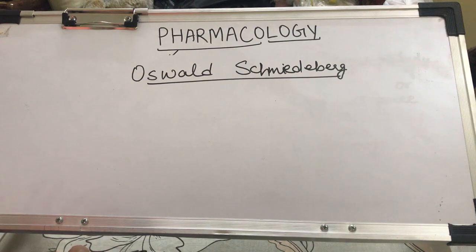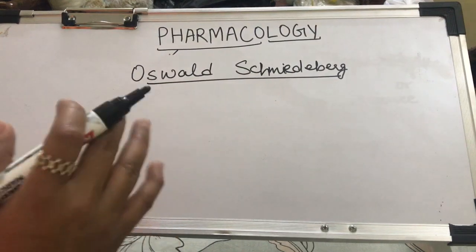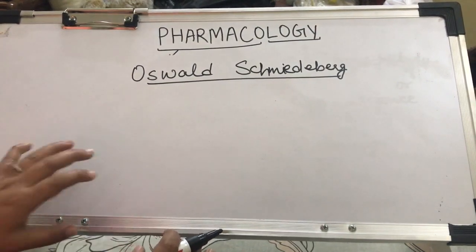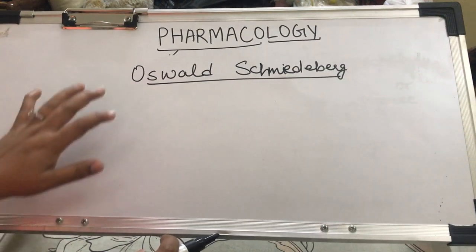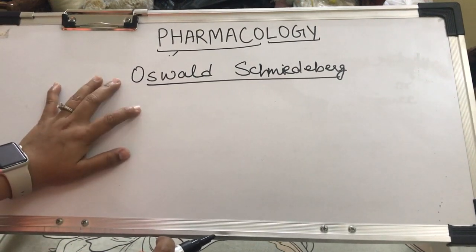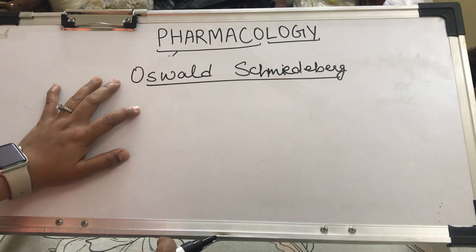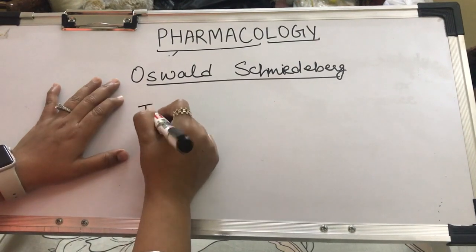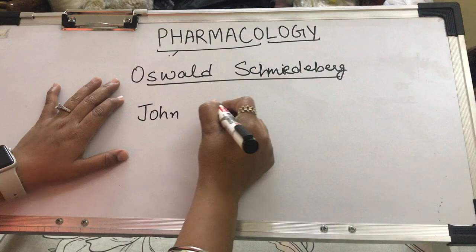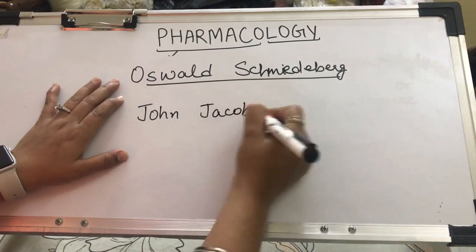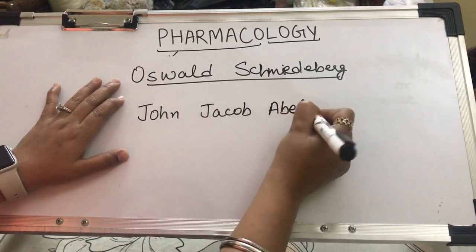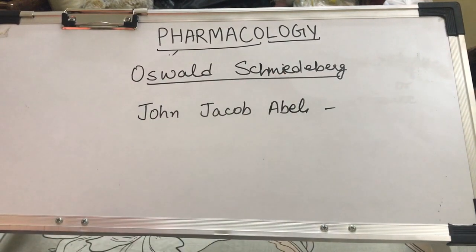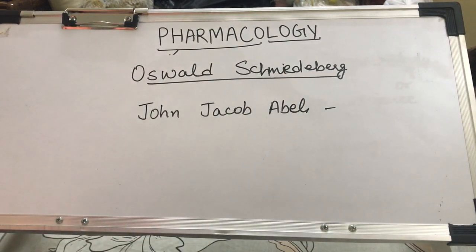Because he was the one, along with his disciples, who proposed the fundamental concepts of pharmacology. And there was his one student, John Jacob Abel, who is known as the father of modern American pharmacology.